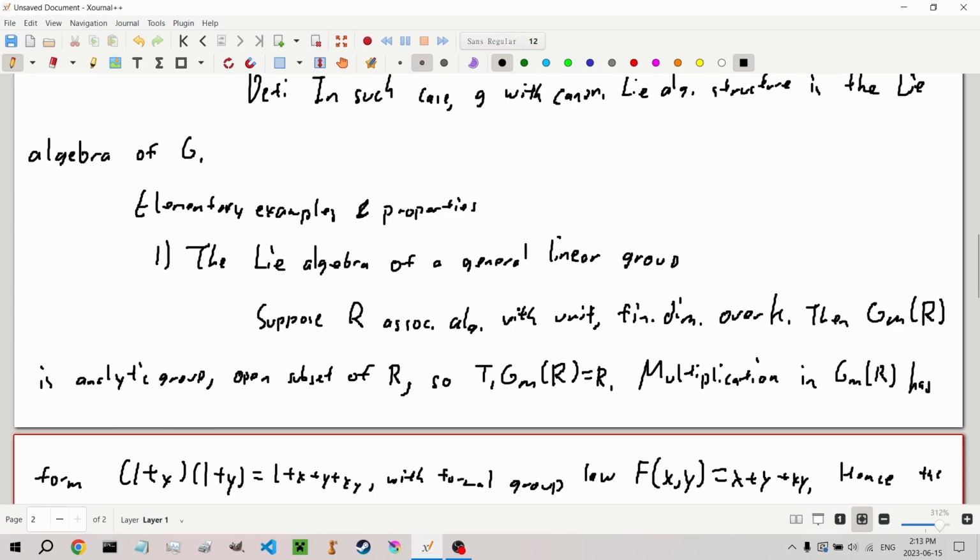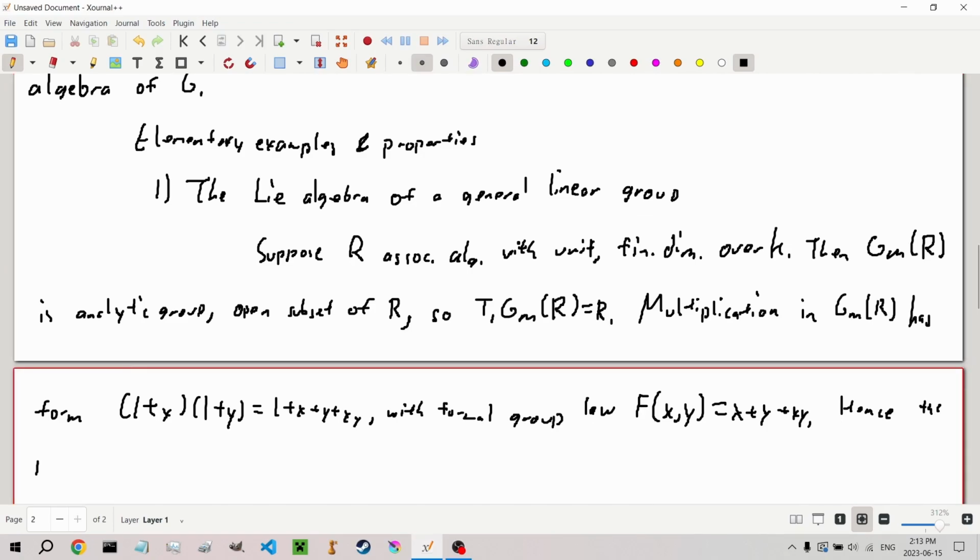Hence, the Lie algebra structure on T1 GM R, which is R, is, keep in mind, just the commutator of the bilinear form. In our case, the bilinear form is just multiplying the two inputs together.